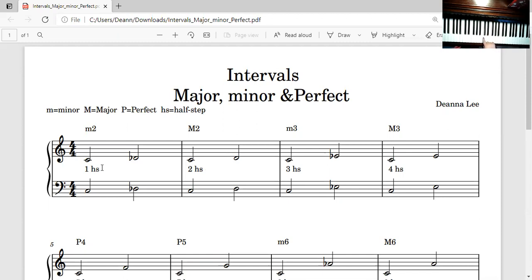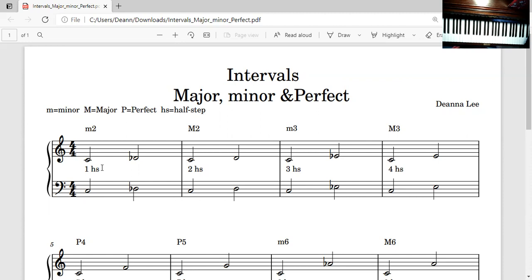A half step is the smallest way we can measure distance on a piano between two pitches. A half step is the distance from one key to the very next key, whether you're moving up or down. When you're playing a chromatic scale, you're moving by half steps, okay?